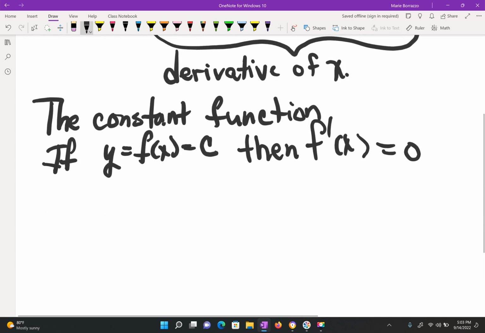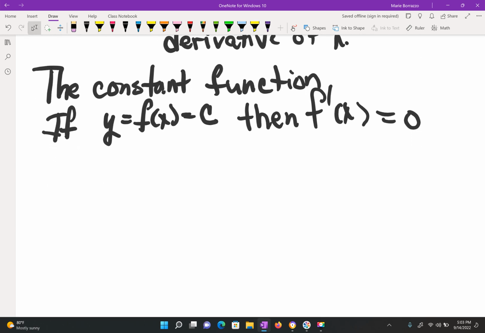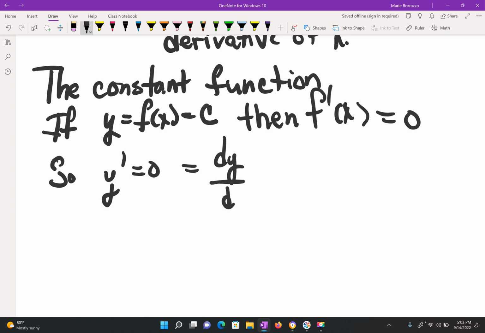The first derivative is 0, the second derivative also is 0, and so on. We can notate that the first derivative, y prime, is also equal to 0, which is the same as dy over dx, and that's equal to 0.